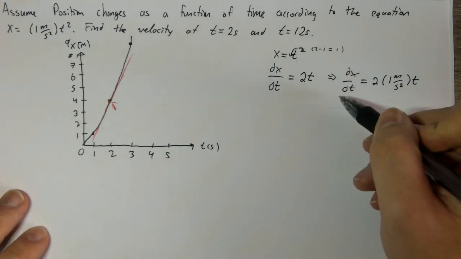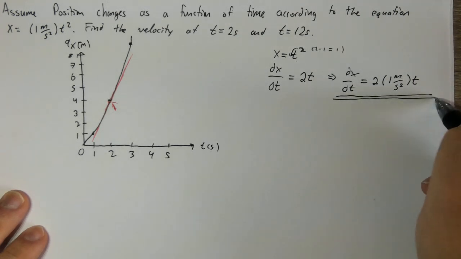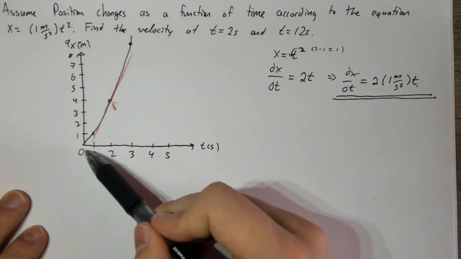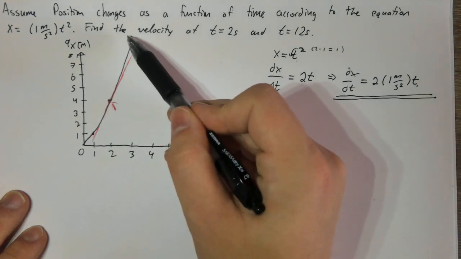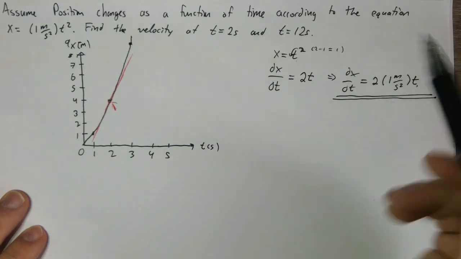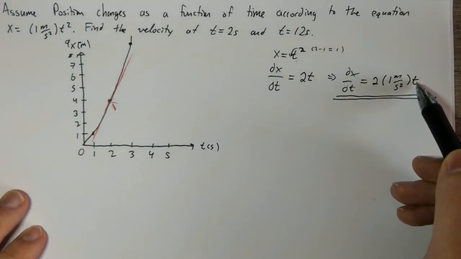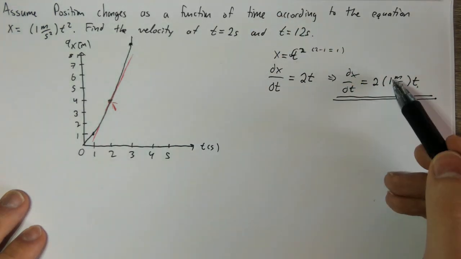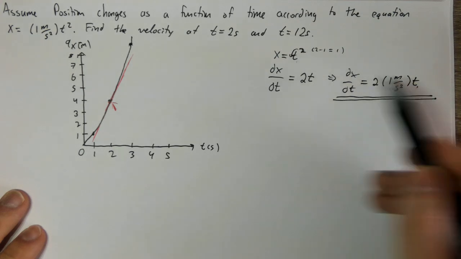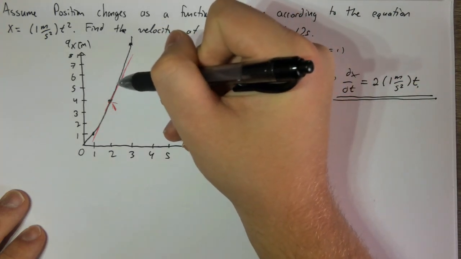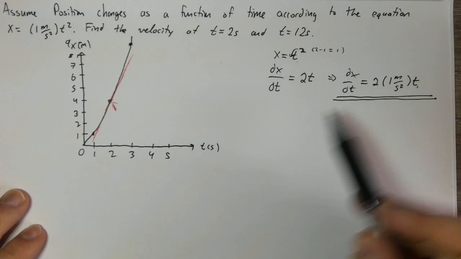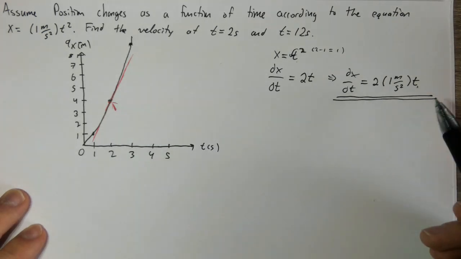And I should add this is an equation now, which allows us to plug in any value of t, and it will give us any value for the velocity along this curve. So if I plugged in t equals 3, it'll give me the velocity at this point. If I plugged in t equals 2.5, it would give me the velocity at this point. So it's really powerful because we can find the velocity now with this relation for any moment in time.